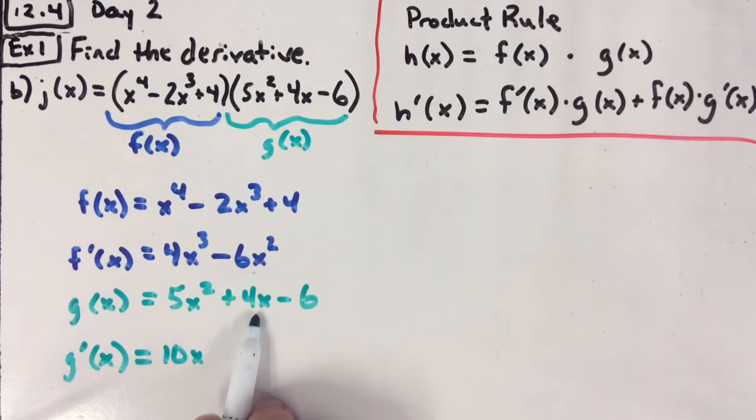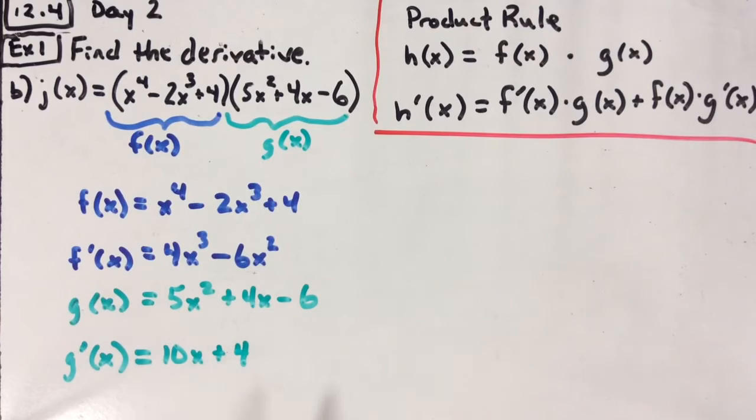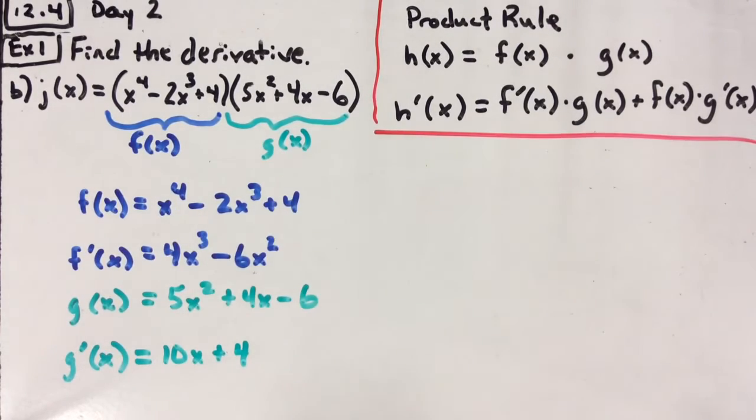When you take the derivative of a term that is just an x, the answer will just be the coefficient in front, and the derivative of a constant is 0. So now we have f and its derivative, and function g and its derivative. That's what we need in order to do this problem.